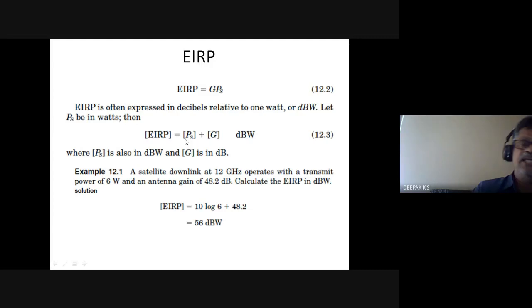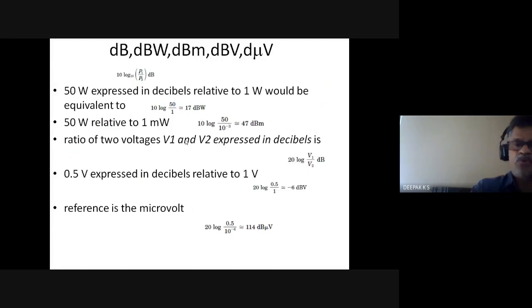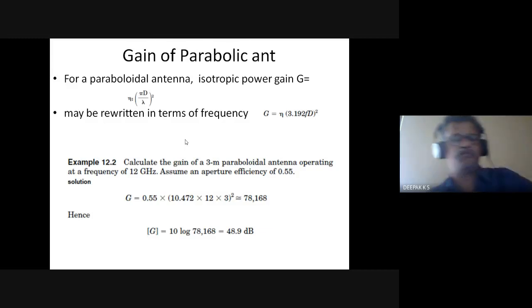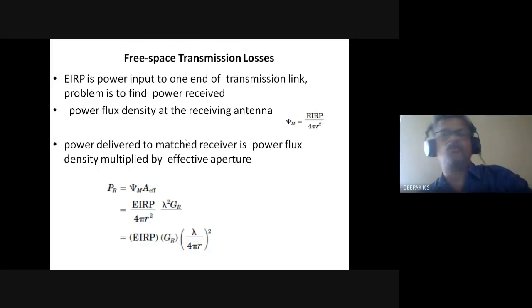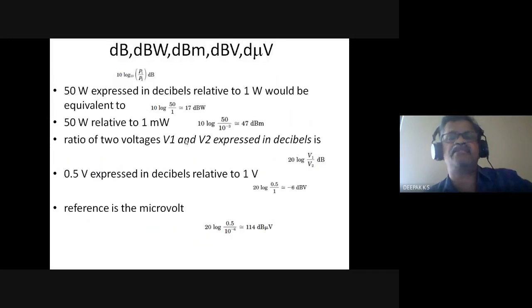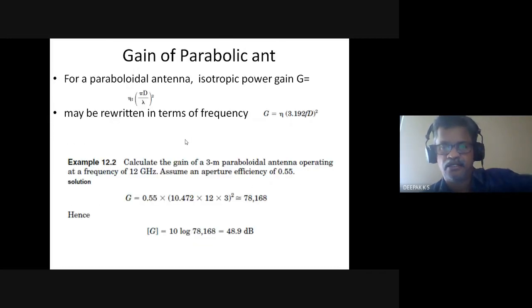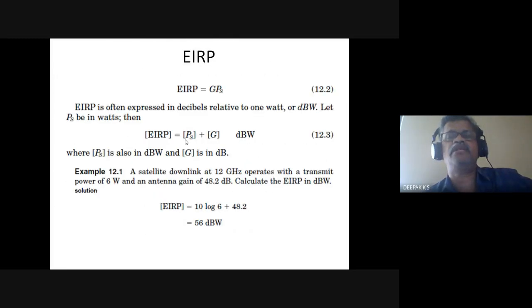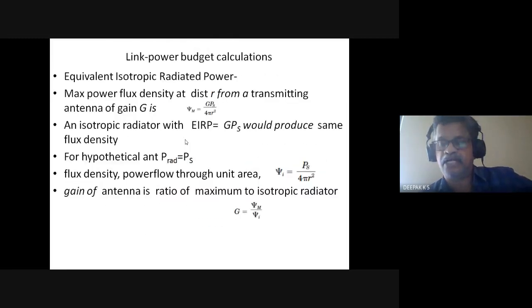Actually, in the linear domain, you are doing multiplication. So you can take some two values, calculate and convince yourself. This is what I thought I would say today, and there are certain other calculations, like the power budget calculation, that we will take next class.